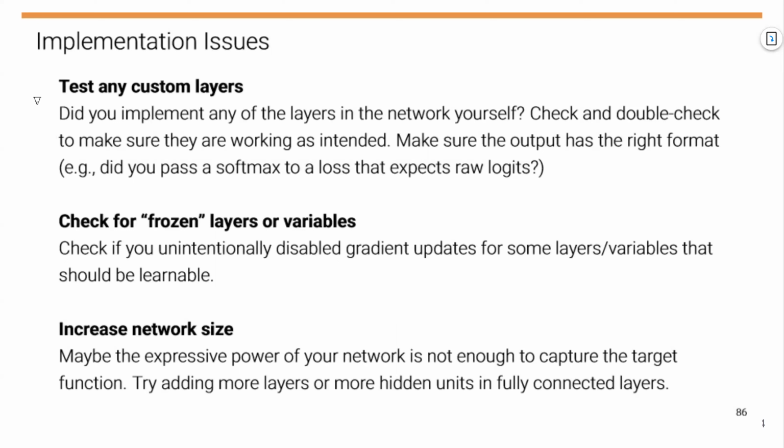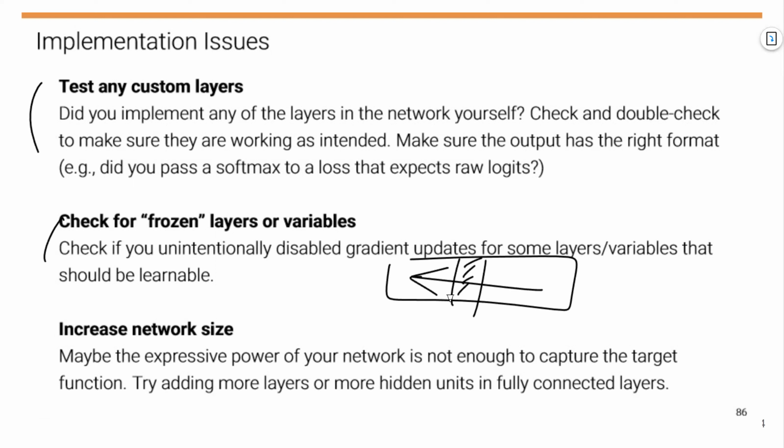And this is similar to developing your own loss function. You need to test a lot any common layers. And check for frozen layers. Let's say your network looks like this. If you freeze this part, the gradient might not flow this way. So you need to check your frozen layers. And sometimes underfitting or overfitting could occur.